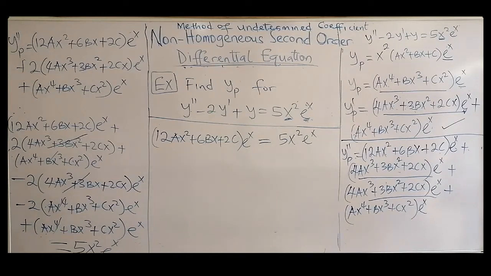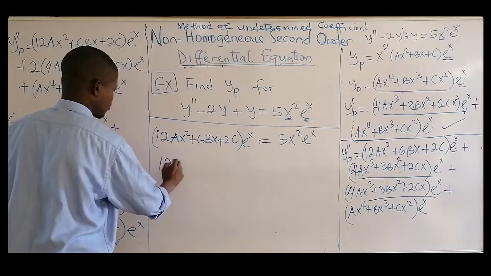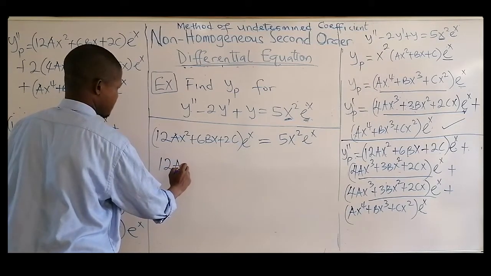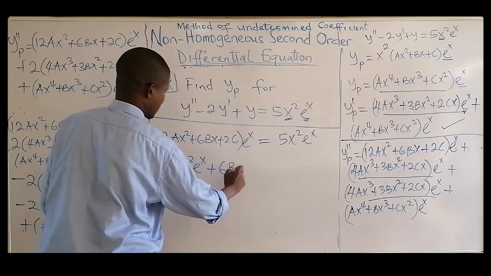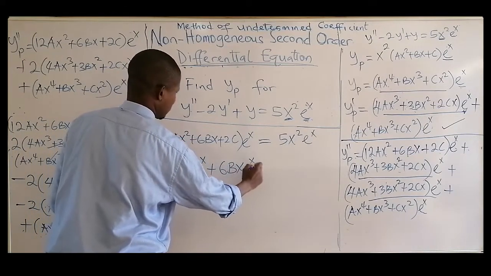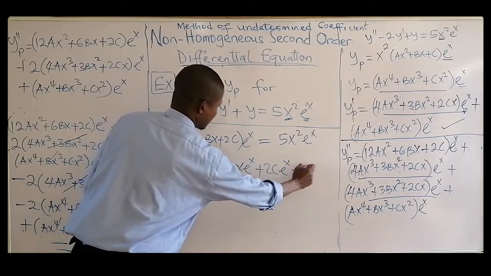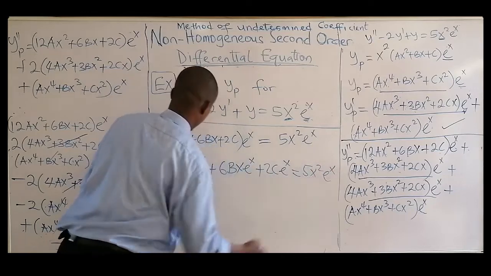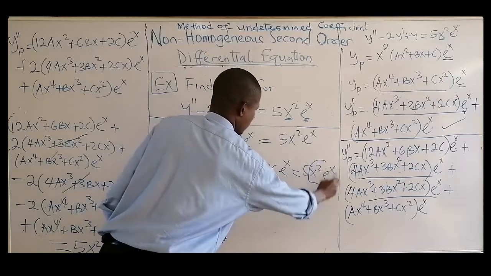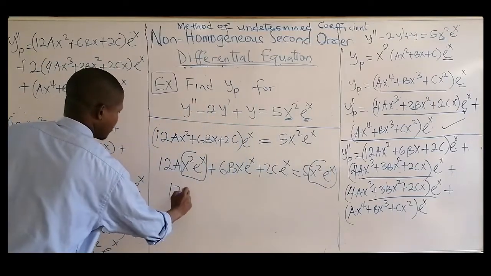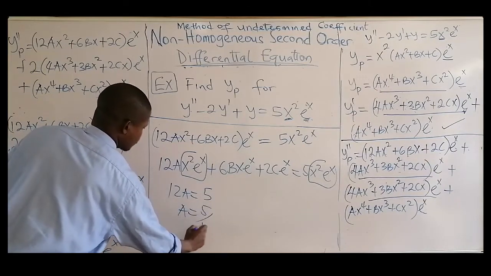So what we now do here, if you open this one, you have 12ax²eˣ plus 6bxeˣ plus 2ceˣ equal to 5x²eˣ. So we can equate the coefficient of this on both sides. We have 12a equal to 5, and a is 5 over 12.